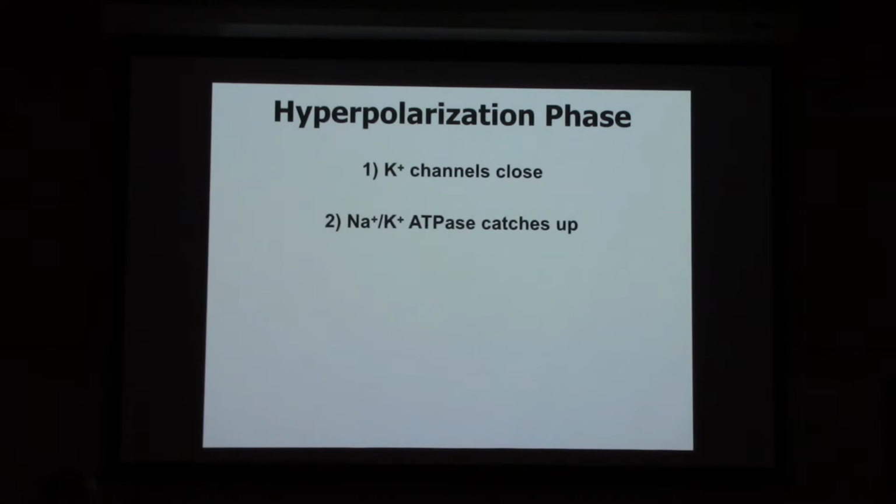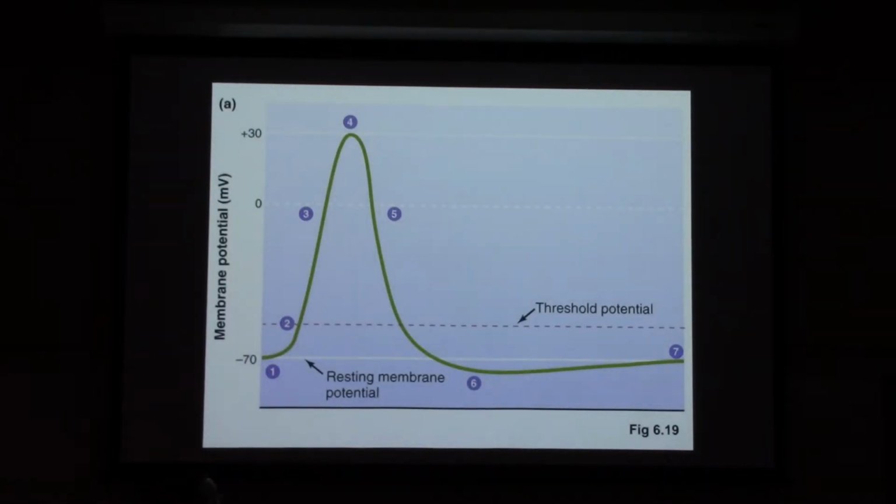So we made our electric signal, which was a depolarization followed by a repolarization. We made that signal by letting sodium come in and then potassium go out. But in making that electric signal, we screwed up the chemical gradients. So we have to reset that. So we need to kick that sodium back out and we need to pull that potassium back in. That happens with the sodium-potassium pump. Everybody see how there's sort of two parts to that?